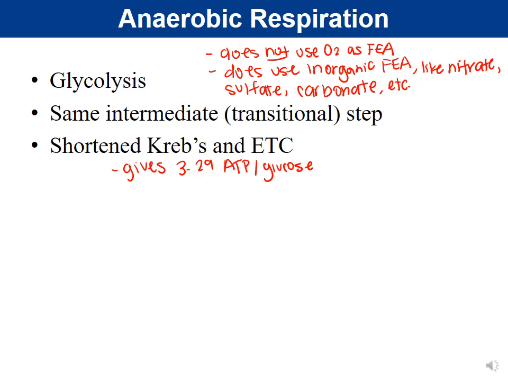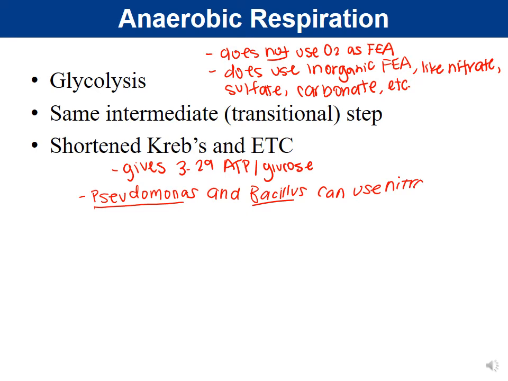So in terms of the types of organisms that do anaerobic respiration, we have Pseudomonas and Bacillus, which can use nitrate. And you might recall back to when we did our nitrate reduction test, Pseudomonas even took it a step further.